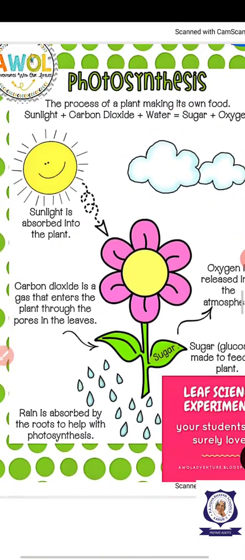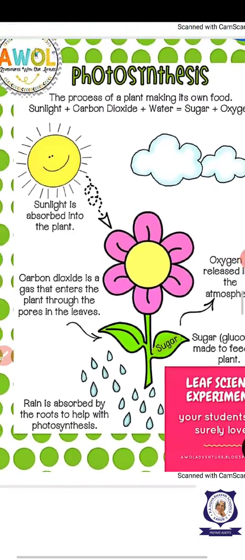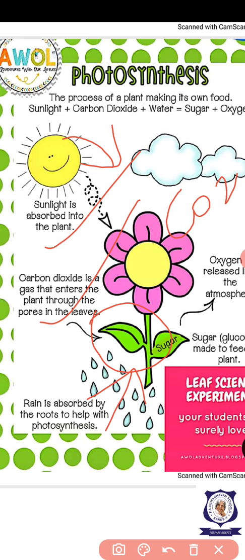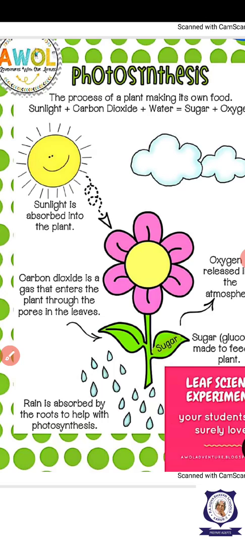In this picture you see sunlight, chlorophyll in the leaf itself, carbon dioxide and water. Water is absorbed by the root, sunlight is from the sun, carbon dioxide is in the atmosphere, and the chlorophyll is present in the leaf itself. With all these four ingredients, the plants prepare photosynthesis.